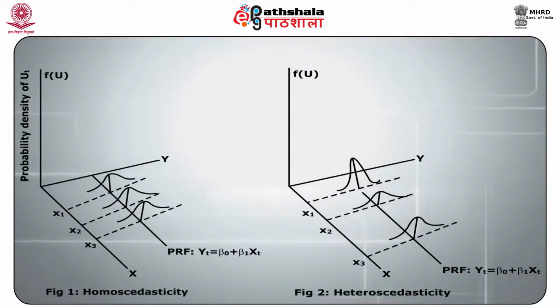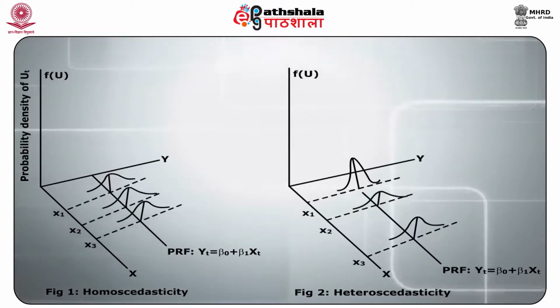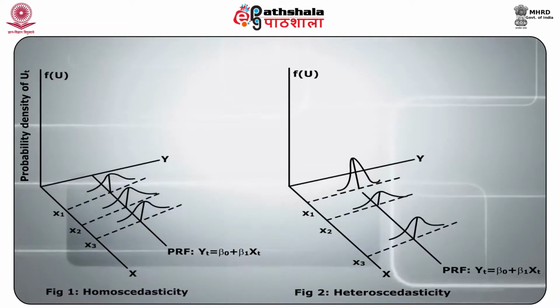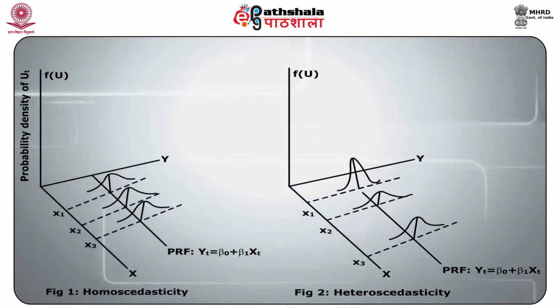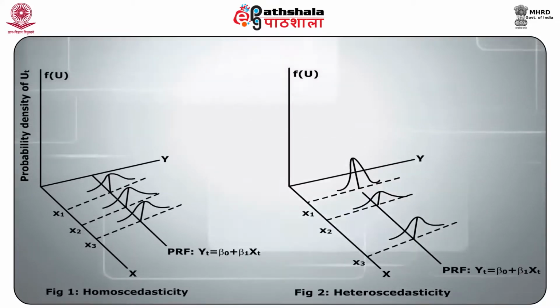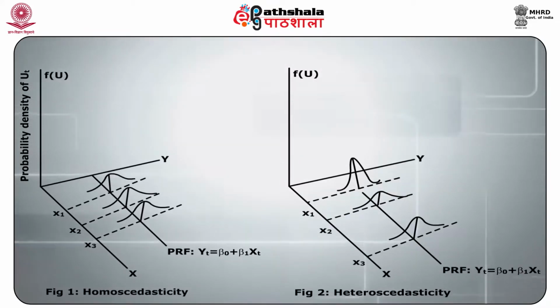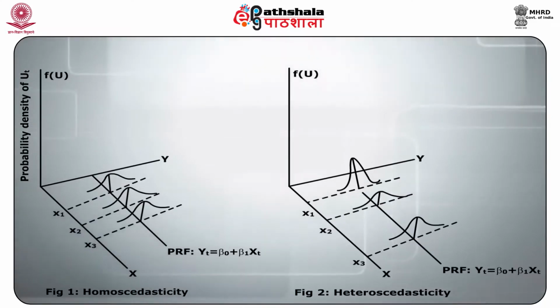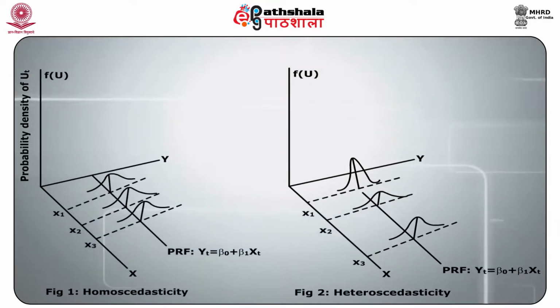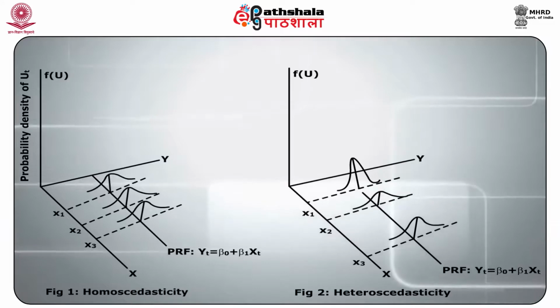Diagrammatically, the concept of homoscedasticity can be drawn and is shown in figure 1 before you, where the variation around the regression line is the same for all values of xi. On the contrary, the concept of heteroscedasticity is shown in figure 2, where the conditional variance of the population varies with xi. So you can see in our diagram 1, for every value of xi there is a distribution.